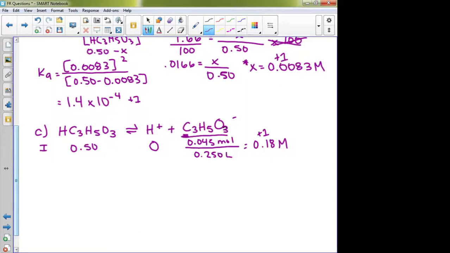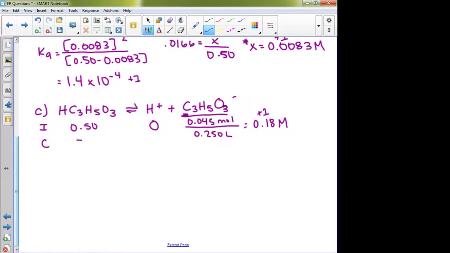So now, all I have to do is set up my RICE table like normal, right? Okay. So my change, I'm going to lose x, gain x, gain x. So at equilibrium, I'll be at 0.50 minus x, and 0.18 plus x.